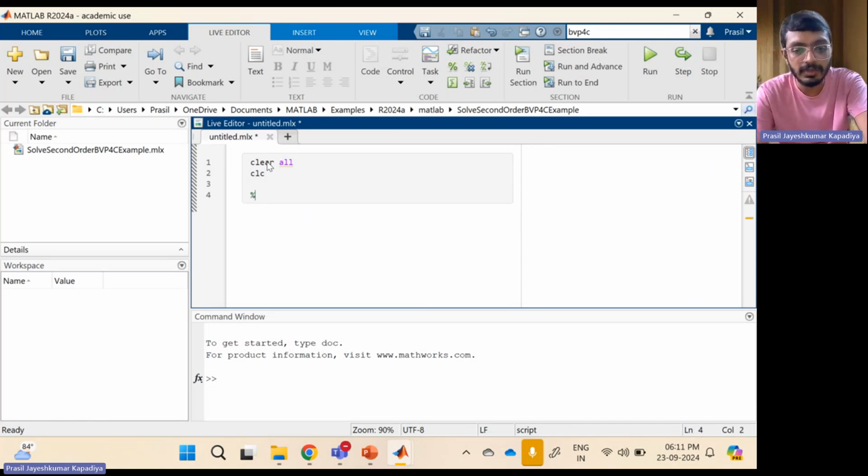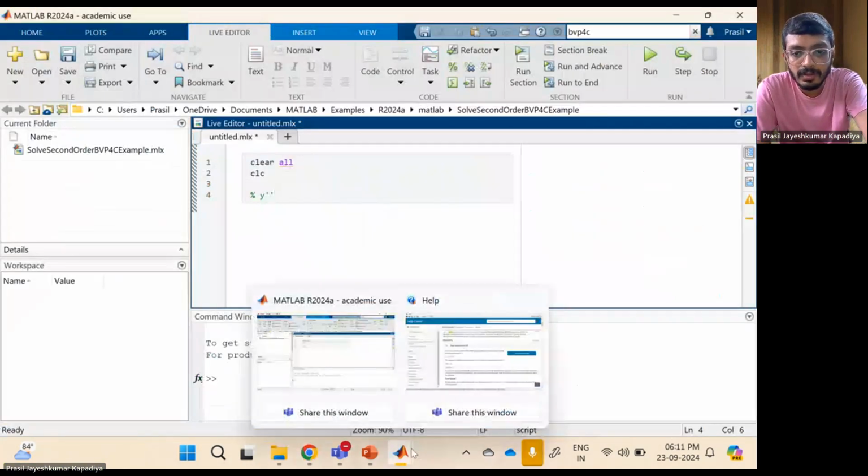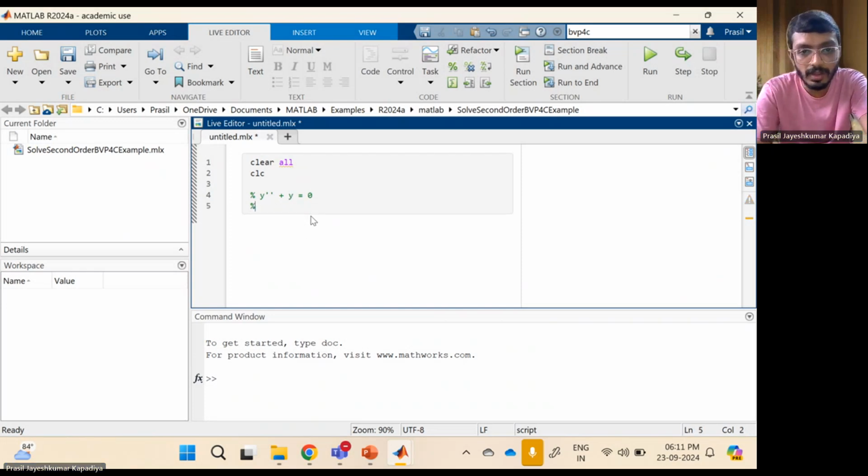I'll write down my equation, y double prime plus y is equal to 0. We need to write y1 is equal to y and y2 is equal to y prime.